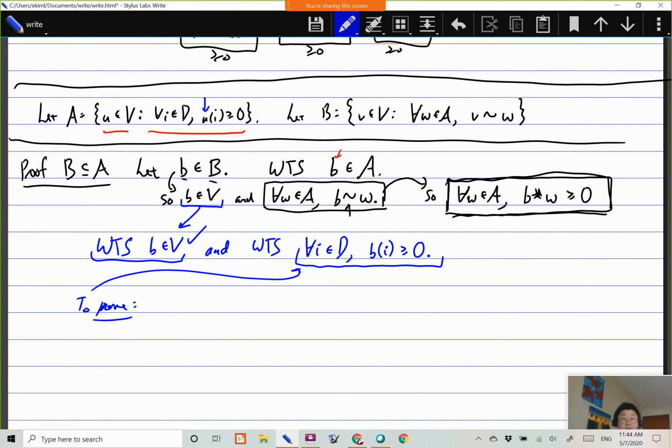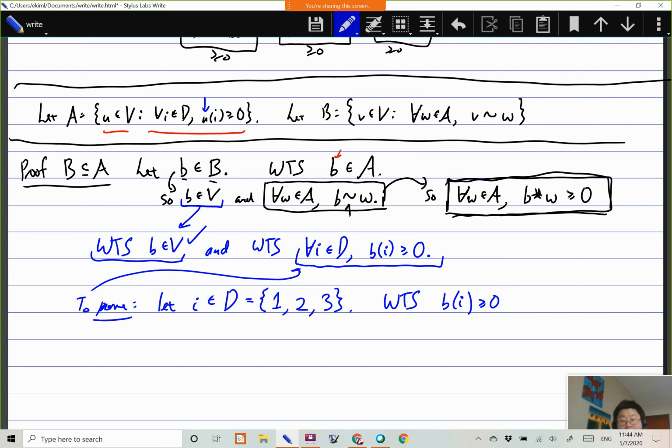So, usual thing, right? To prove this, let little I belong to D. And here, I think it's helpful as a reminder that capital D was a set of cardinality 3, specifically this set of cardinality 3, just 1, 2, 3, right? And we want to show B of I is greater than or equal to 0.